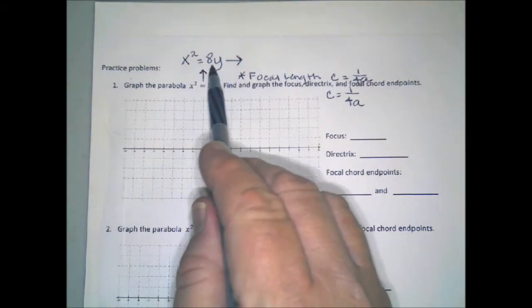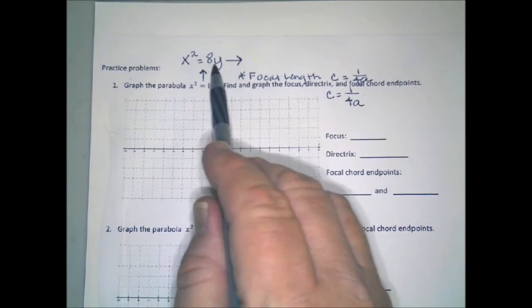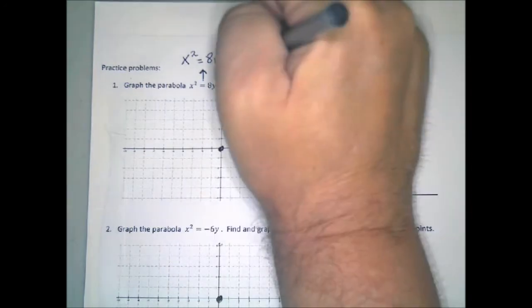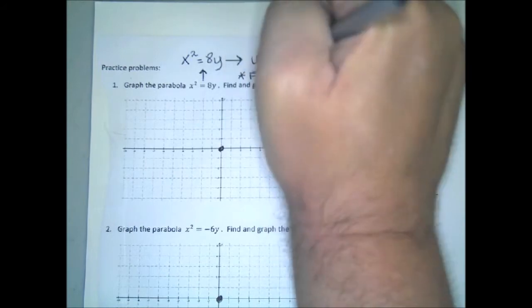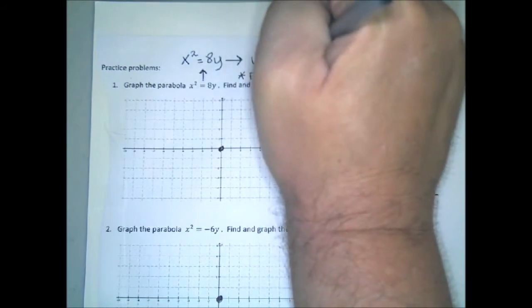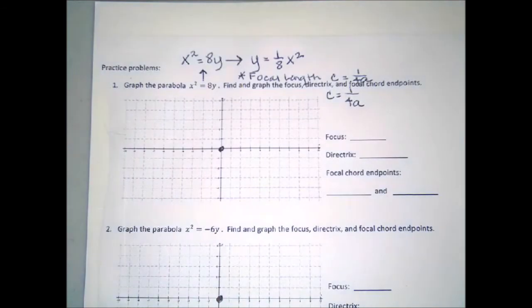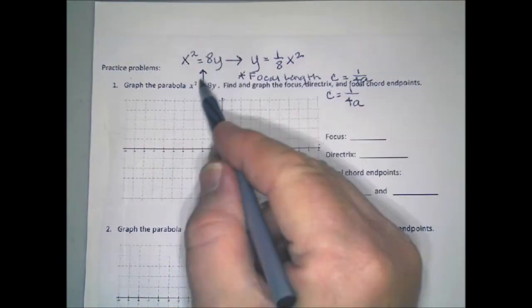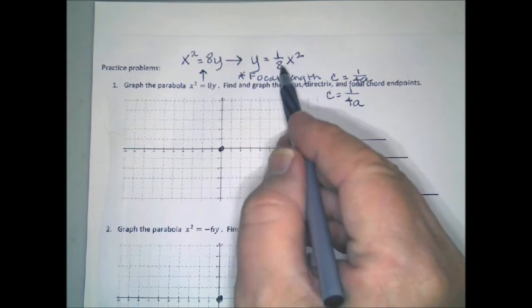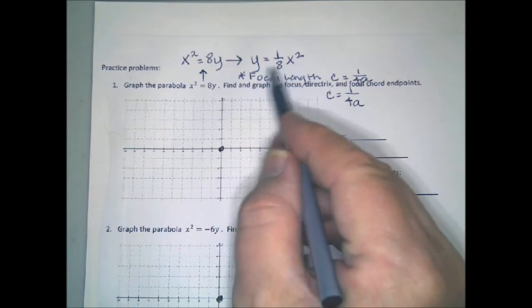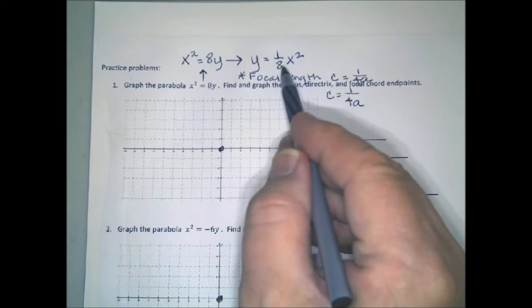So all we would have to do is divide both sides by 8, and we would end up with the equation y equals 1/8 x squared. Now that would be the same thing as x squared over 8, but we want to actually pull that leading coefficient by itself, because now I know something about this parabola already before we ever even graph it.